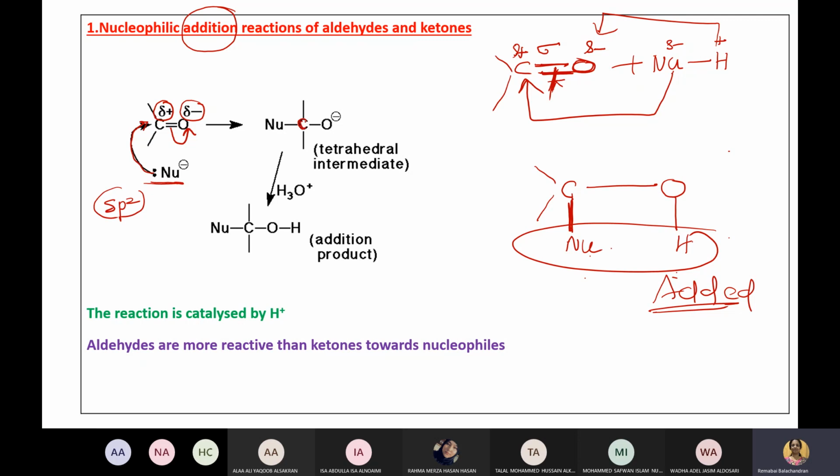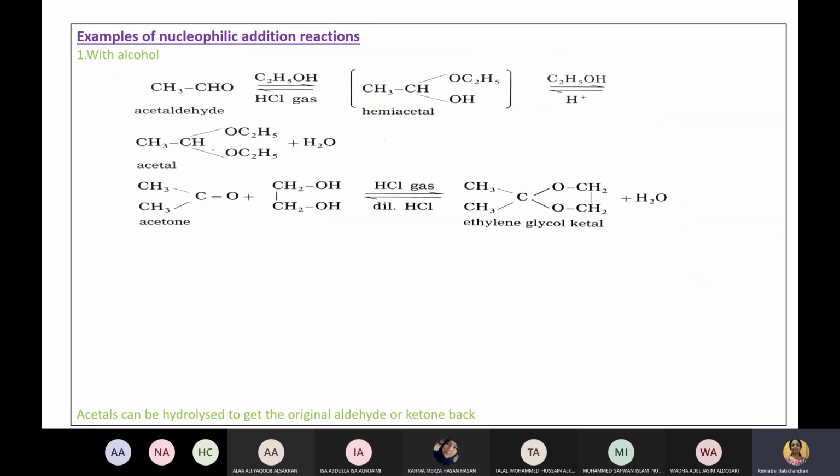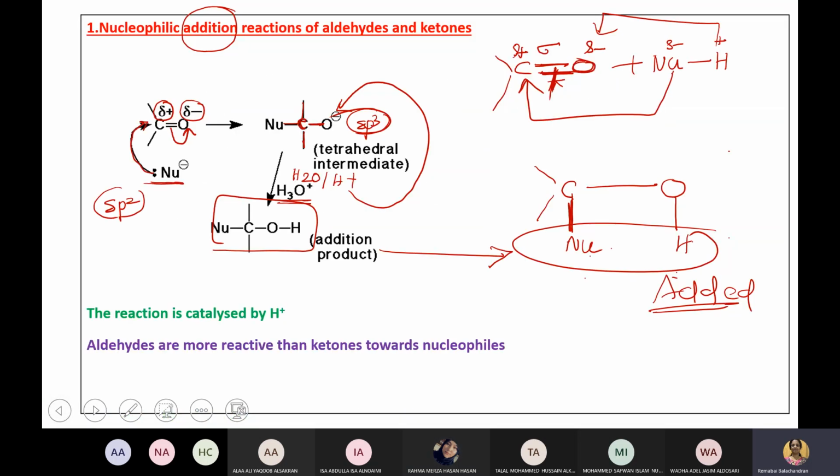Look, this carbon is bonded with four bonds. So what is the hybridization? Yes, hybridization changed from sp2 to sp3. Next step, H3O plus, which means H2O and H plus. So you add H plus, this H plus goes there and you get this addition product. And this reaction is catalyzed by H plus.